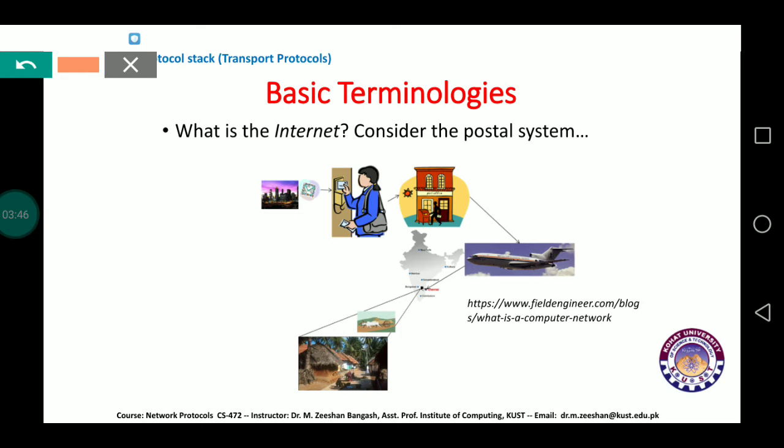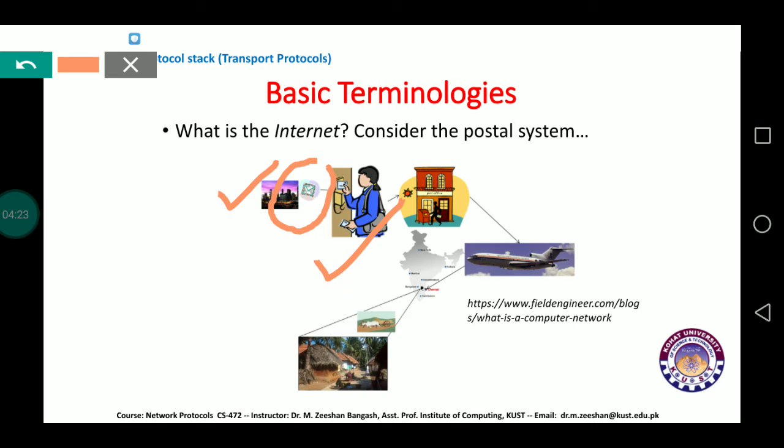The letter, which is basically the message, is first generated by the sender and packed in an envelope, and some information is added on this letter. Then, after adding some addressing information of the sender, and also the information about the destination where this letter needs to reach, it is posted to a local inbox.